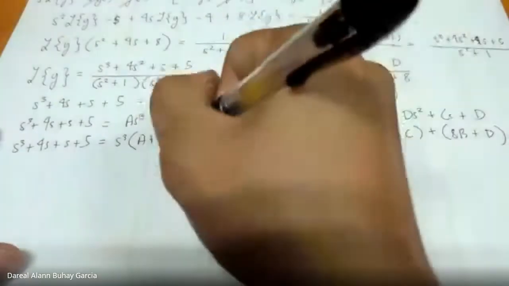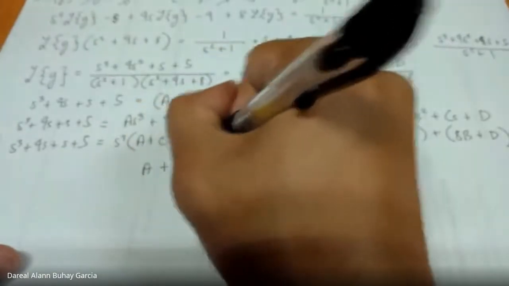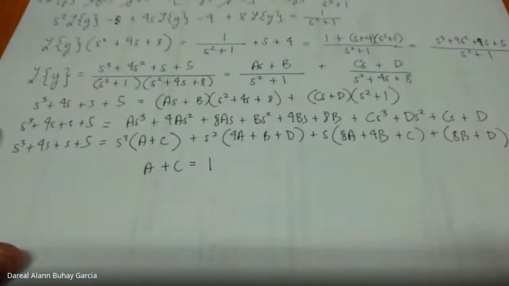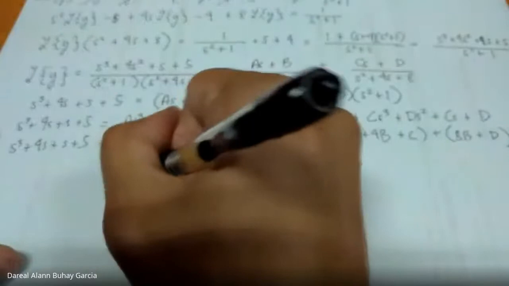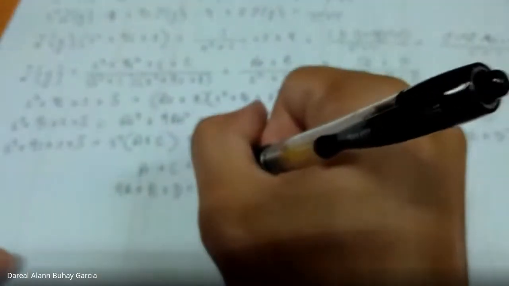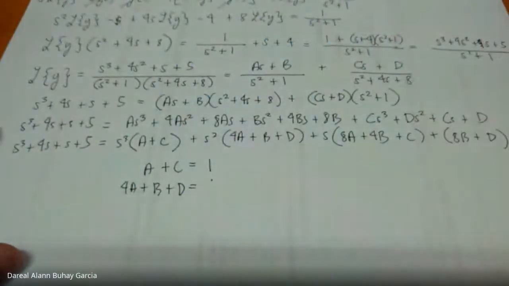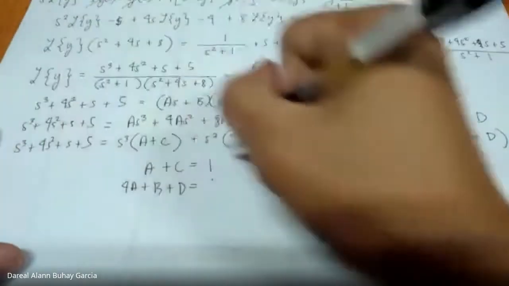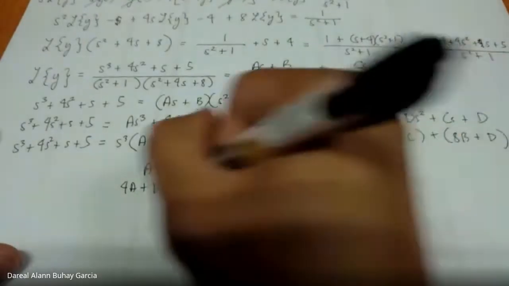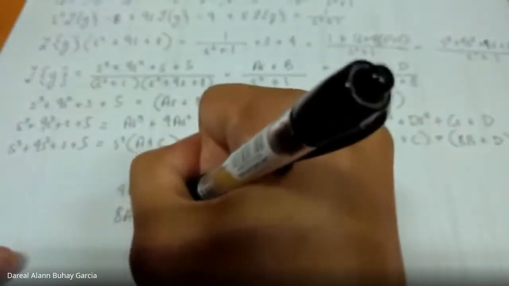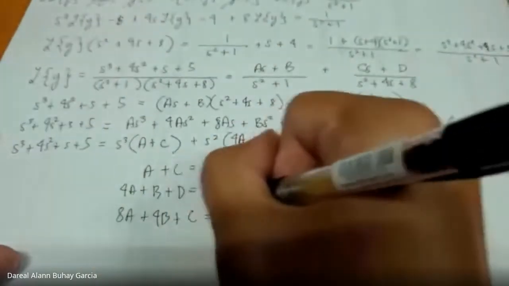Equate. A plus C is equal to 1. 4A plus B plus D is equal to 4. 8A plus 4B plus C is equal to 1.